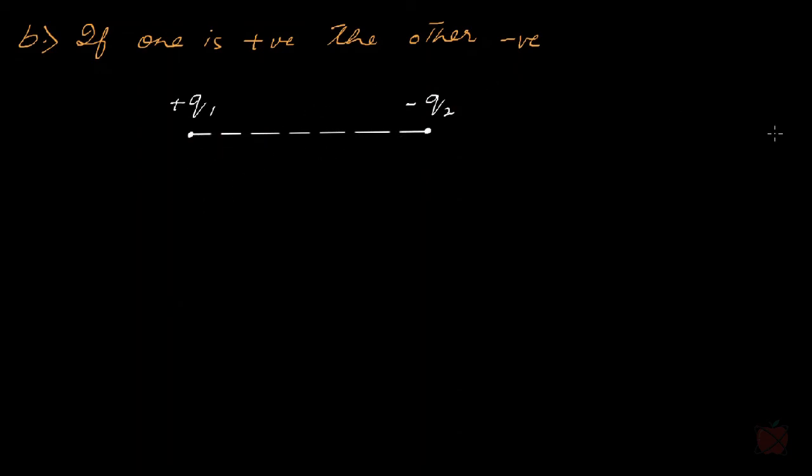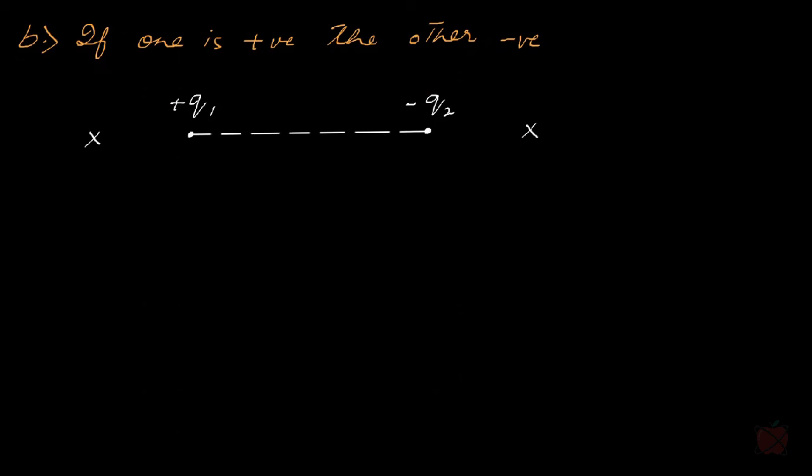So you have to put the third charge either here or here, either on the left side or on the right side, but not in between. Remember that. If they are of opposite sign, not in between. If they are of the same sign, then you have to put it in between.